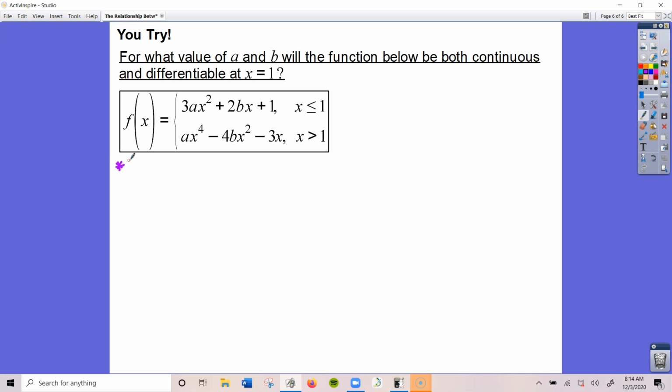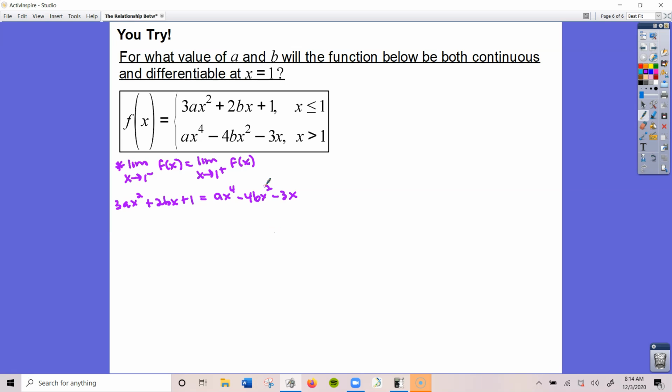I'm going to start off with my limit as x approaches 1 from the left of f of x is equal to the limit as x approaches 1 from the right of f of x. Now I write the corresponding equations. So 3ax squared plus 2bx plus 1 is going to equal ax to the fourth minus 4bx squared minus 3x.